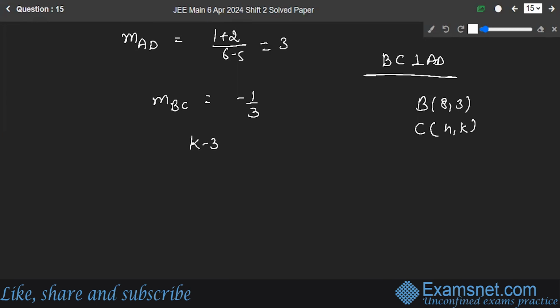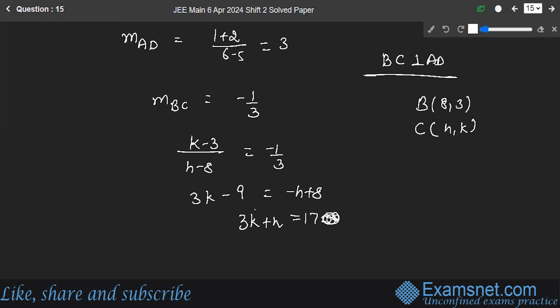That makes (K minus 3) upon (H minus 8) equal to -1 by 3, or 3K minus 9 is equal to minus H plus 8, or you have 3K plus H minus 17 is equal to 0, or this is equal to 17, whatever you like. Okay, so this is your second equation, and your first equation was K is equal to 3 minus H. This was your first equation.